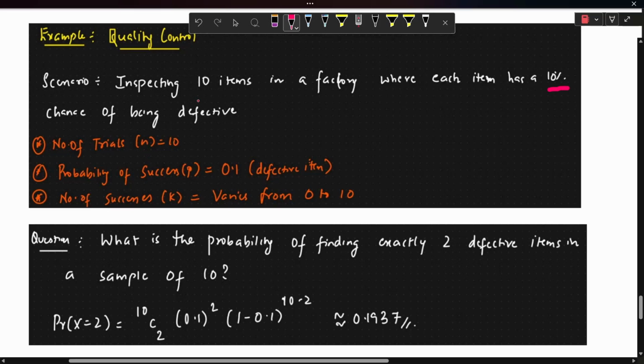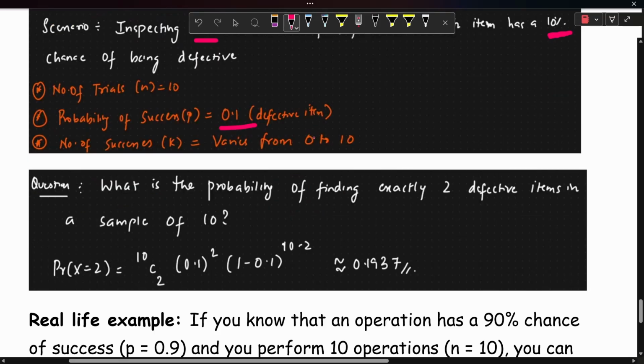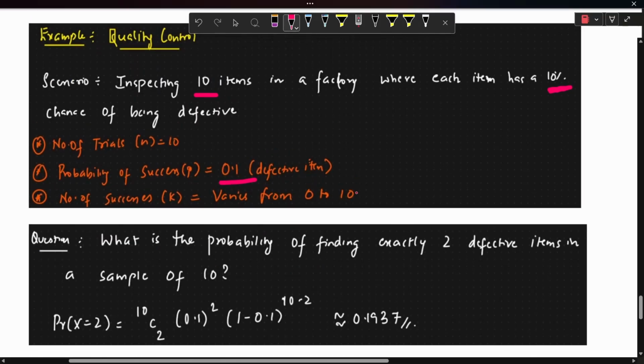There are 10 items, so that is the number of trials. This 10% chance of being defective we are taking as success, that is 0.1. The number of successes varies from 0 to 10. We don't know how many are defective. It may be between 0 to 10. There might be two items defective, or all 10 items defective.